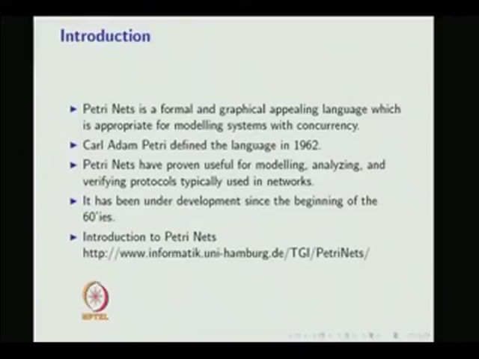Petri nets have proven useful for modeling, analyzing and verifying protocols typically used in networks. It has been under development since the beginning of the 60s. You can find an introduction to Petri nets on this website.